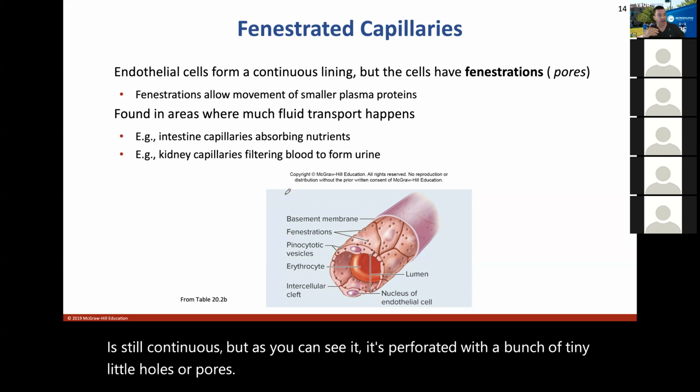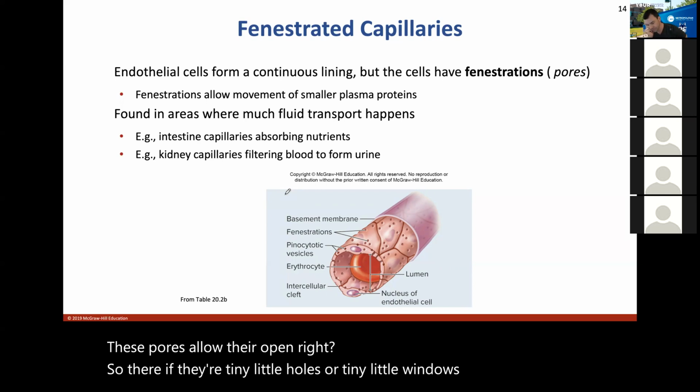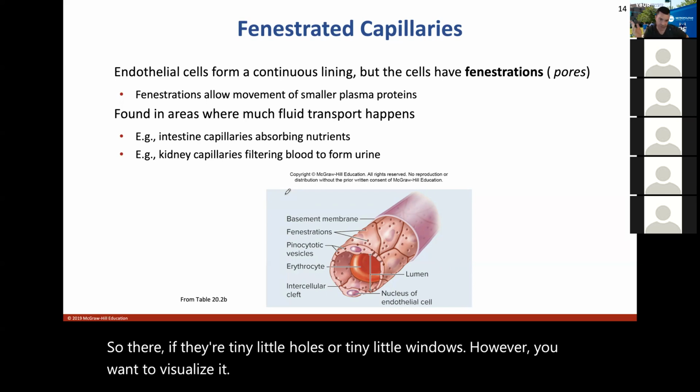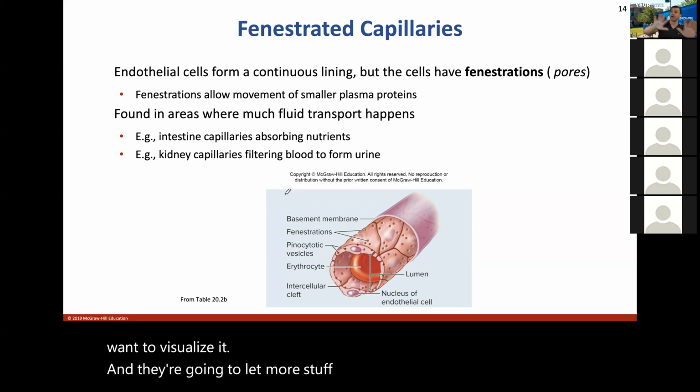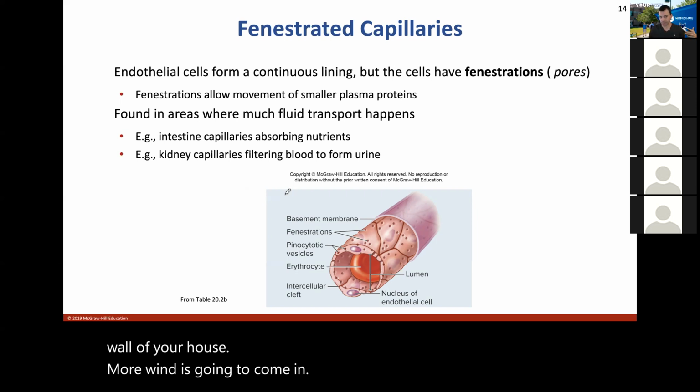These pores are open, right? So if there are tiny little holes or windows, however you want to visualize it, they're going to let more stuff in. Just like if you had holes in the wall of your house, more wind is going to come in. Makes sense.